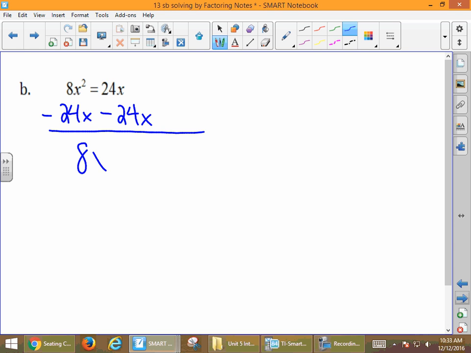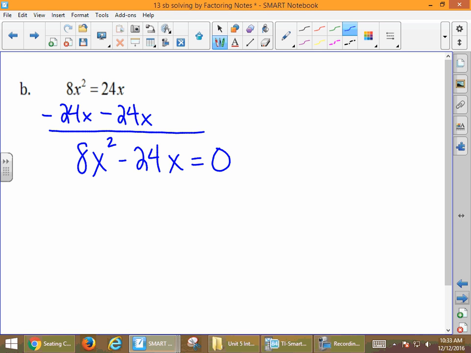And we get 8x squared minus 24x equals 0. Maybe a little bit easier then to identify the method. Which is going to be GCF.